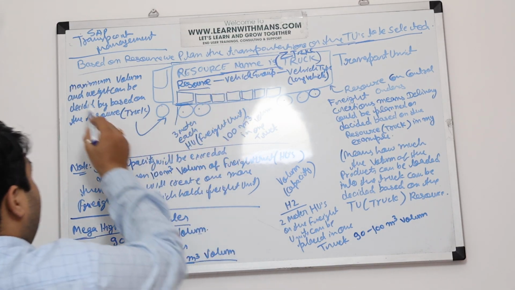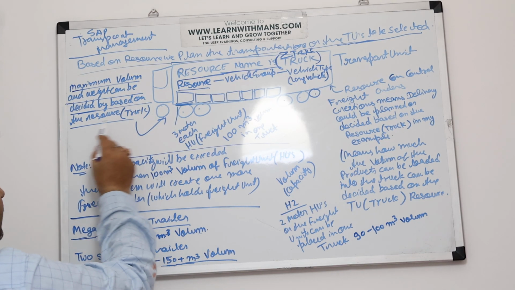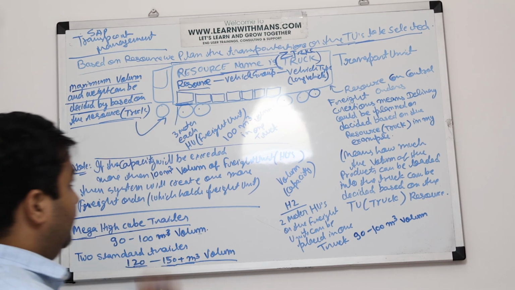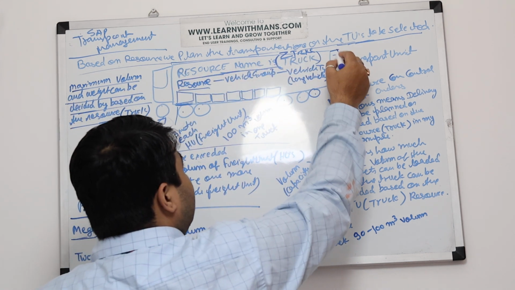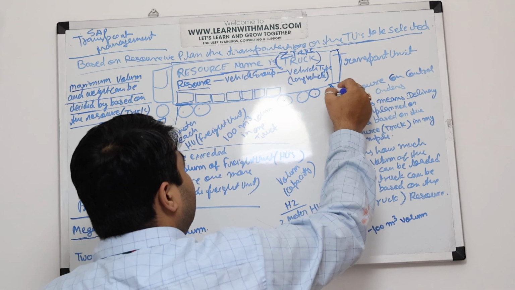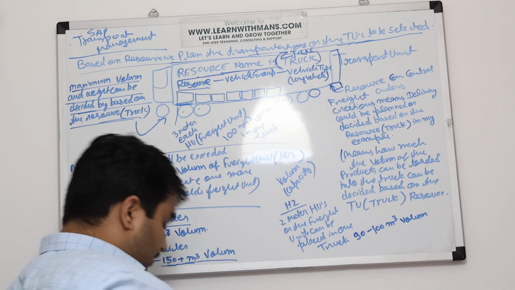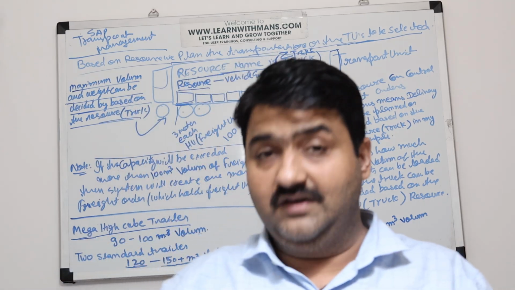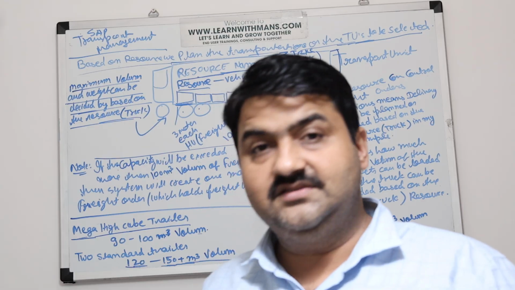So this is the truck, and the maximum volume and weight can be decided based on the resources. Based on the resource means how much capacity this truck can hold depends upon the resource type. In the warehouse we have workers, cranes, stackers.